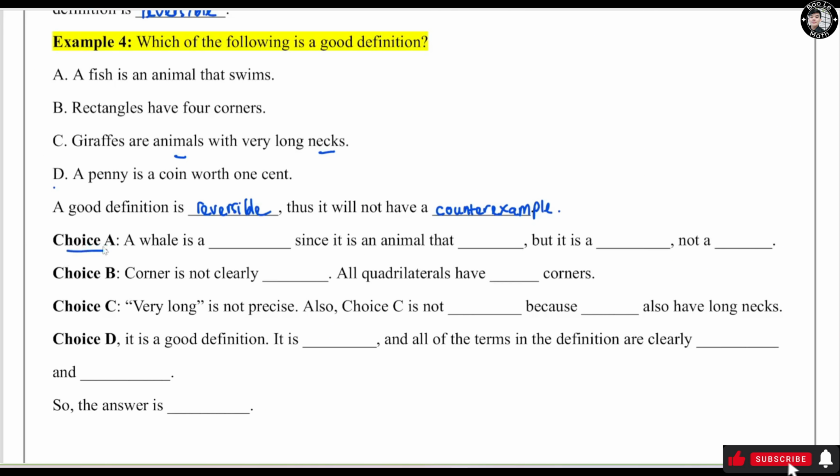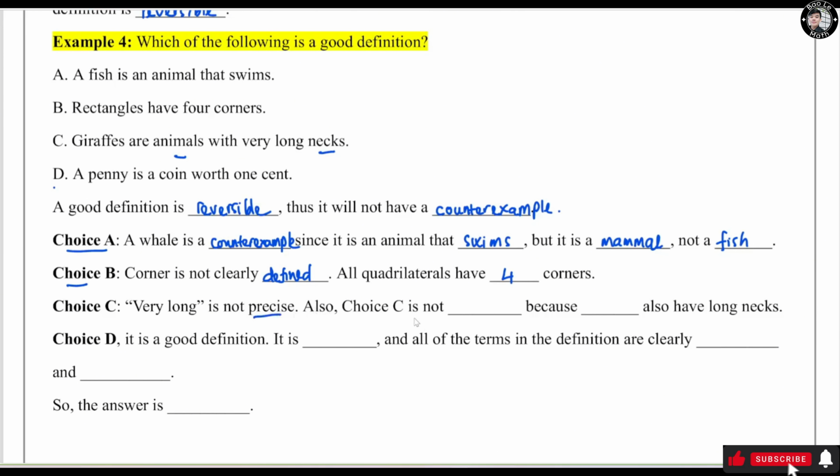Alright, choice A, a whale is a counter example, since it is an animal that swims, but it is a mammal, not a fish. Now, choice B, corner is not clearly defined. All quadrilaterals have 4 corners. Now, choice C, very long is not precise.